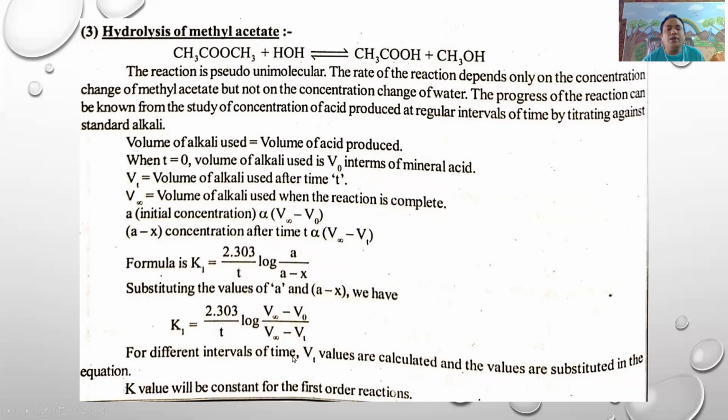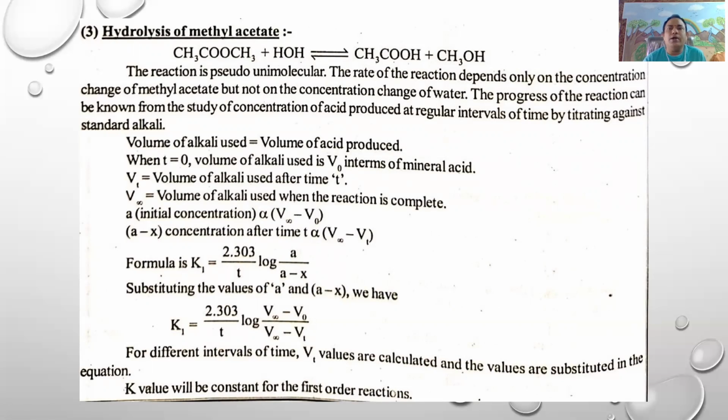For different time intervals, Vt values are calculated and the values are substituted in the equation. We will get the first order rate constant. The same thing can also be calculated by plotting the graph between log (V infinity minus Vt) versus time. A negative slope straight line is obtained.